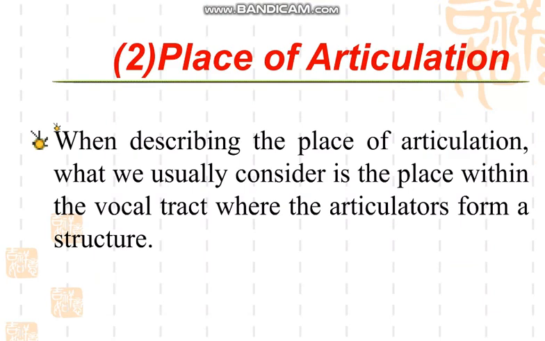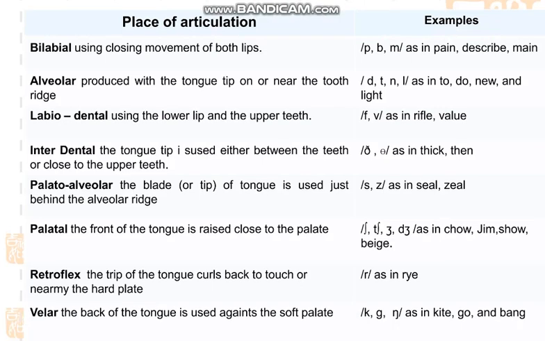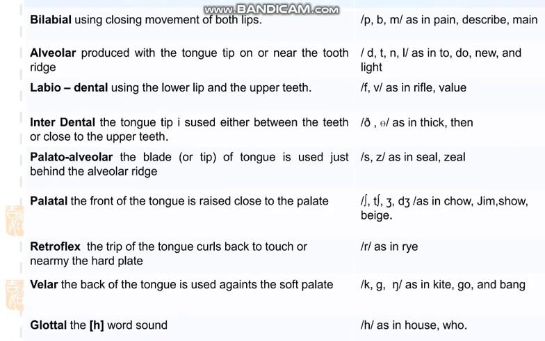When describing the place of articulation, we usually consider the place within the vocal tract where the articulators form a constriction. These are the points of articulation: bilabial, labiodental, dental, alveolar, palatoalveolar, palatal, retroflex, velar, and glottal. It shows the difference between the sounds which emerge from these specific regions.